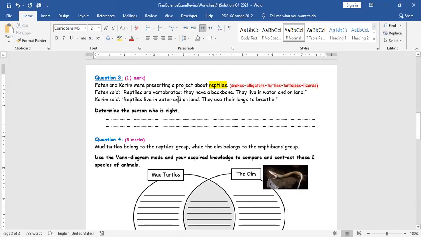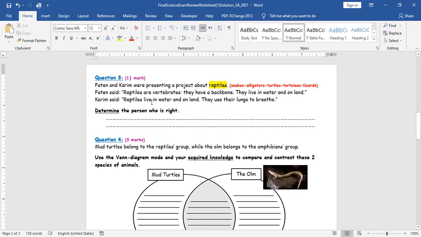So Fatin said that reptiles are vertebrates. They have a backbone. They live in water and on land. All of this information is correct since reptiles, yes, have a backbone and these animals live in water and on land. Karim agreed with Fatin.